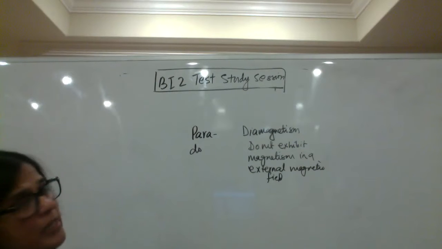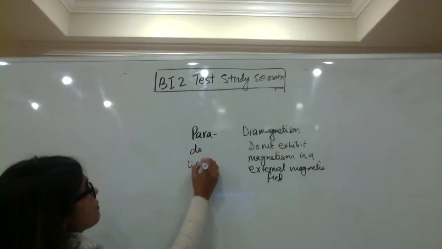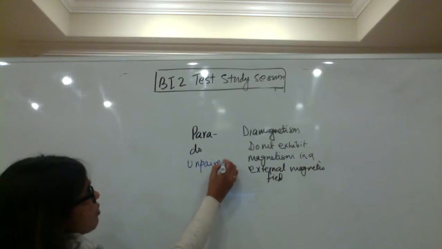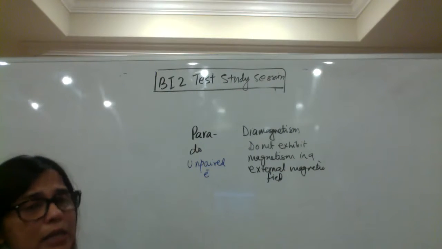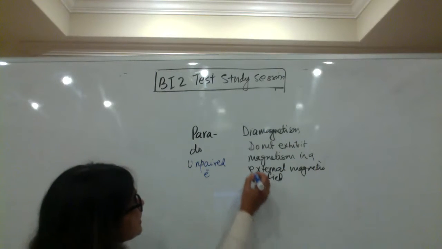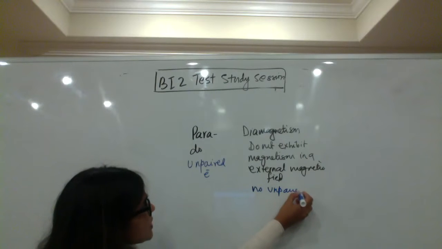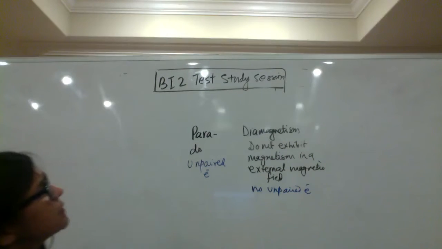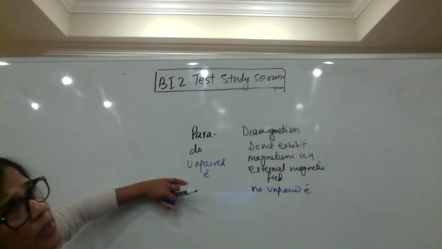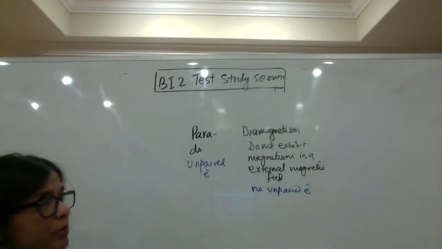And a paramagnetic substance at molecular level will have unpaired electrons, one or more. And the more the unpaired electrons, the greater the paramagnetism. Diamagnetic substances have no unpaired electrons. And one other connection that we had, so you can figure out whether it's para or dia by drawing orbital diagram.